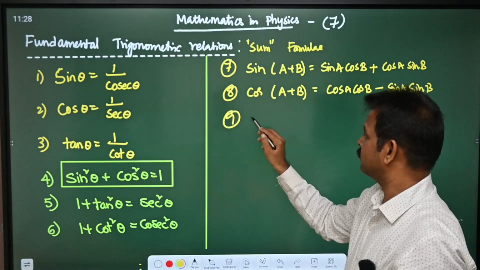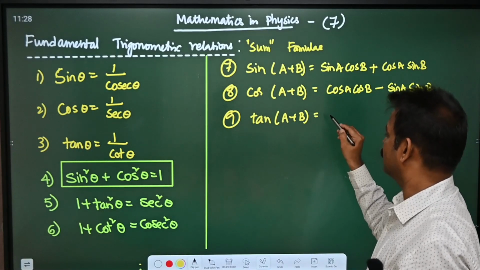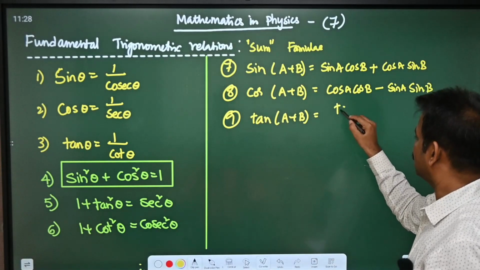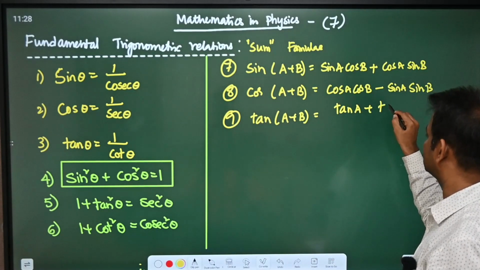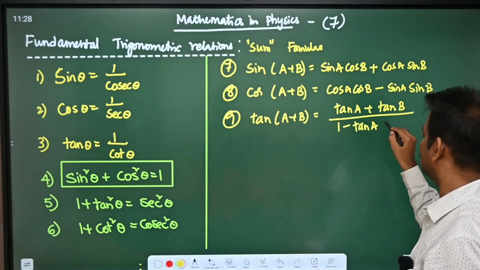Similarly, the ninth one, tan of a plus b is tan a plus tan b by 1 minus tan a tan b.